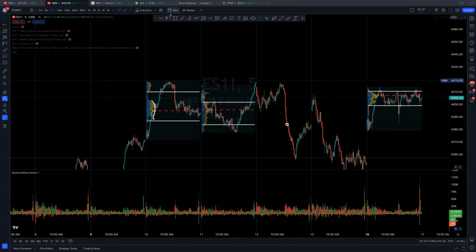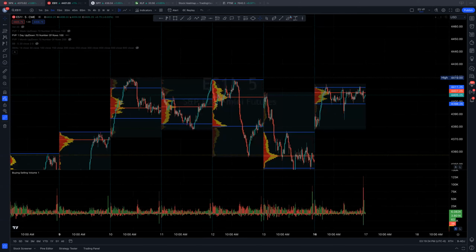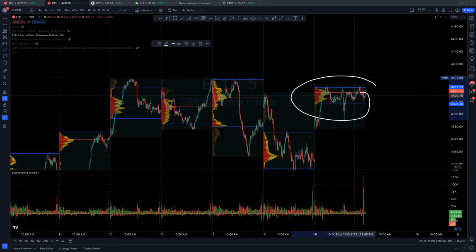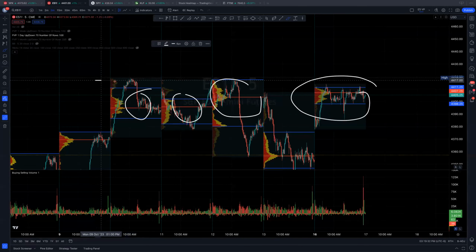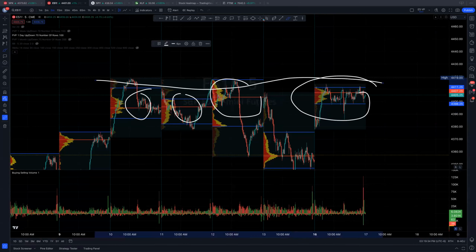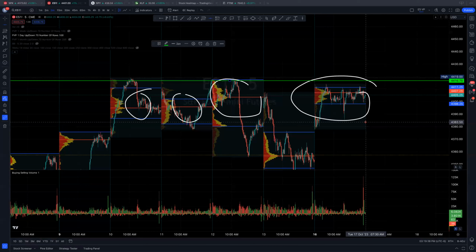Like if we compare, let me delete the drawings. If we compare this session to this session to this session to this session, they pretty much all had the same resistance and the same support.